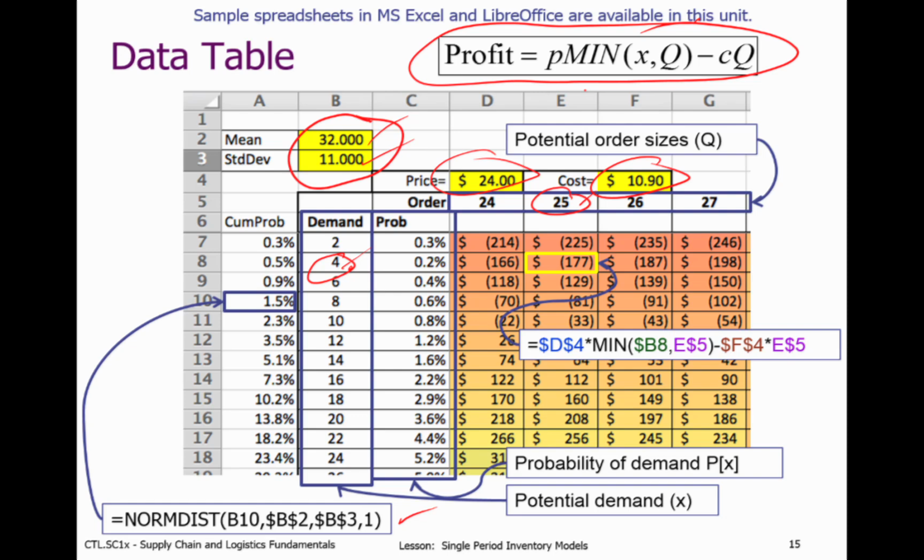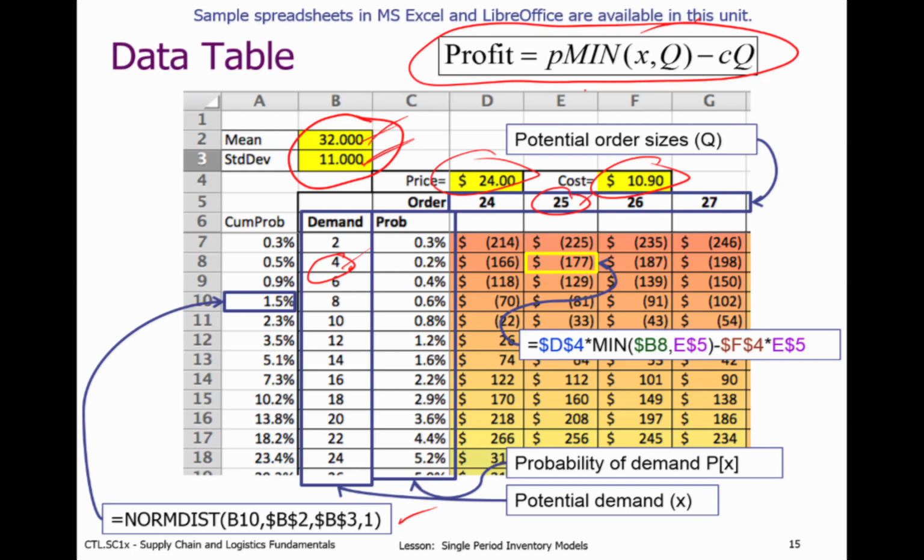I'm just using the NORM.DIST function that we've seen before. For this cell that I highlighted, it's simply saying what is the cumulative probability that my demand will be 8,000 units or less. And that's going to be 1.5%. That's based off the mean of 32,000 and the standard deviation of 11,000.